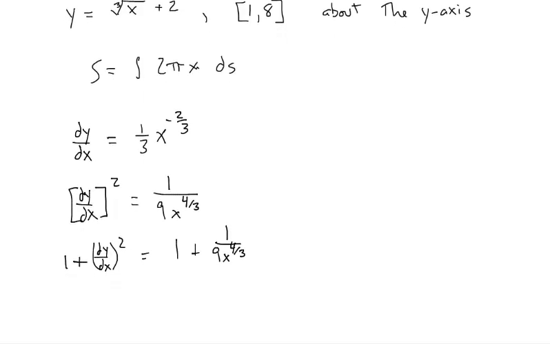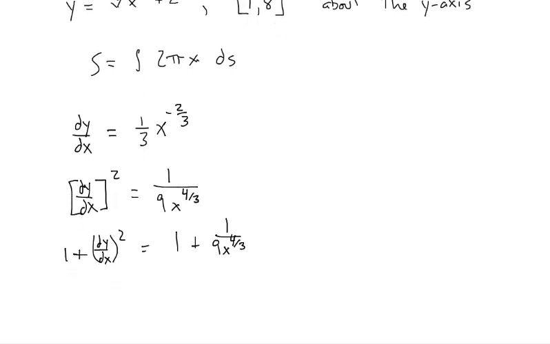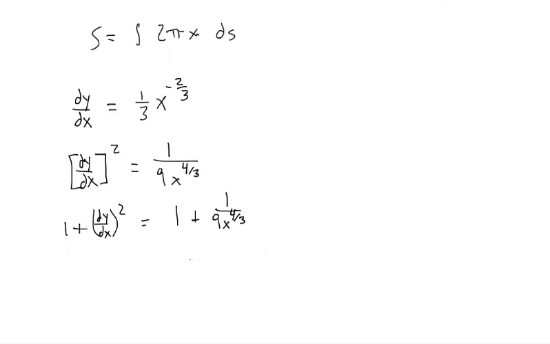And now I want to plug everything into our formula. So we have s is equal to the integral from 1 to 8 of 2 pi times x times the square root of 1 plus 1 over 9x to the 4/3 dx.